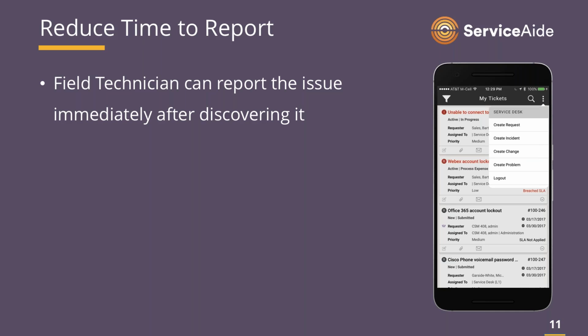We have many organizations that are a campus or have retail customers or other offices where a technician is going directly to that office, and they need to be able to update a ticket immediately. And so when you can get those updates into the ticket, you're tracking all that information, especially if that analyst, field technician is resolving that issue, you're getting much more accurate information into the ticket and ultimately resolving that ticket faster.